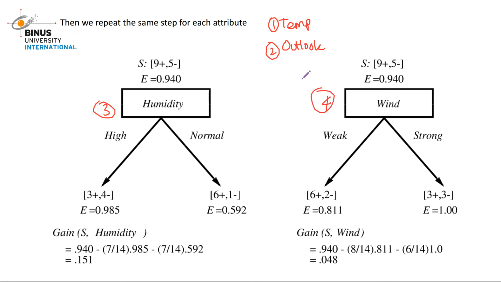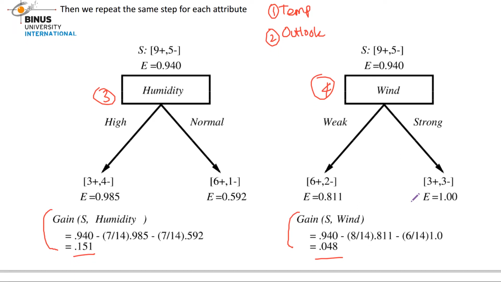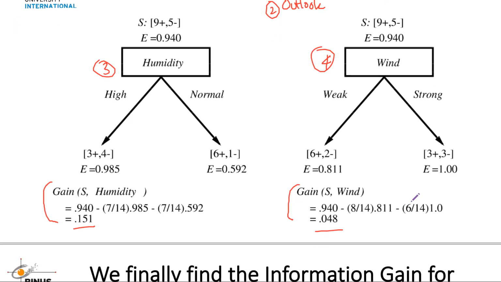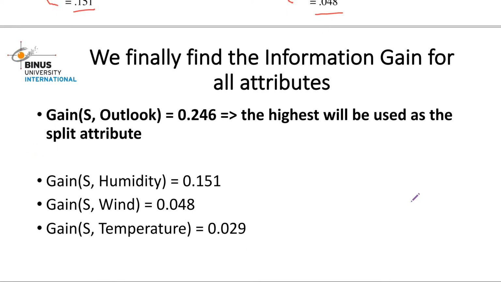So we need to repeat until we can calculate the gain for each. Humidity is 0.151, wind is 0.048, using the same way to calculate the information gain and entropy. After that, we're going to see which attribute has the highest information gain.